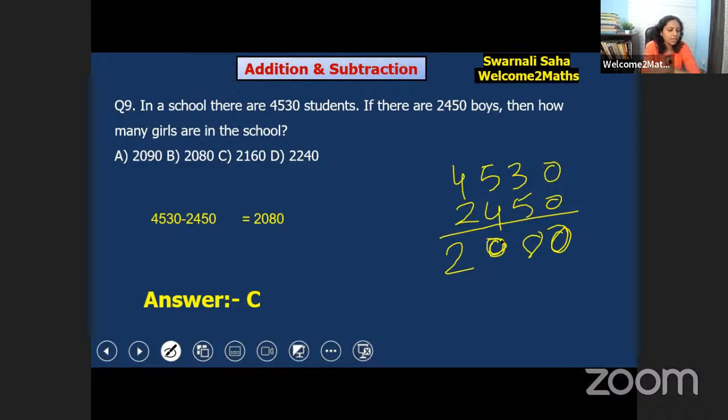2080. See, it is 13. Whenever we do the subtraction, 13 minus 5 is 8. So that is why we borrowed here, na? So 5 becomes 4. So 4 minus 4 is 0. Now we'll do 4 minus 2 is 2. So it's 2080.